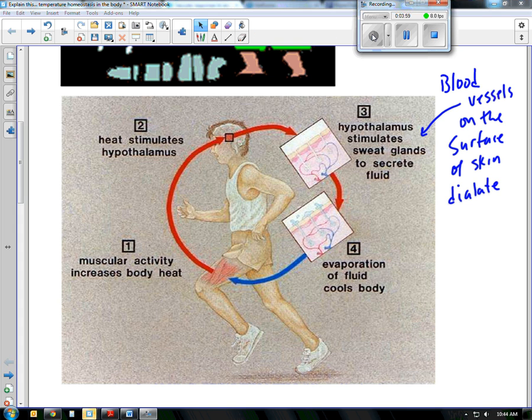And that's really important because now blood is going to go to the surface and it'll bring that heat with it. And then the evaporation will remove the heat, and then that blood will return to the core of your body cooler than it was when it came. It's like a radiator in a car, basically the same idea. So there's a couple of important things going on there with cooling the body when it's too warm.